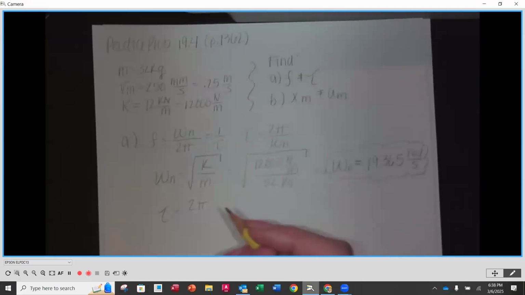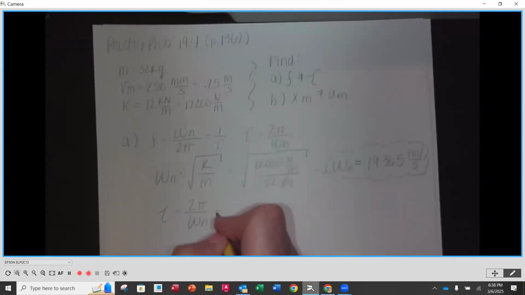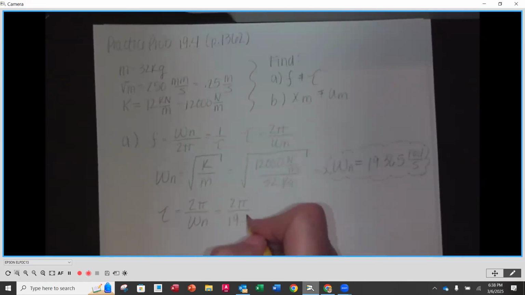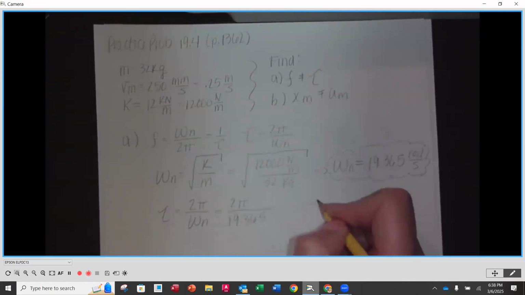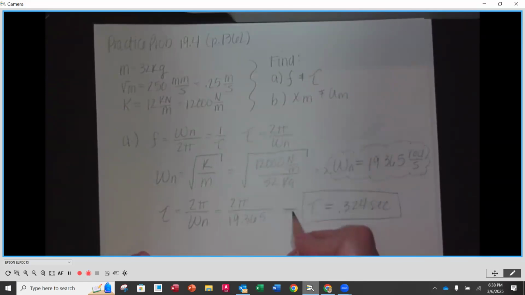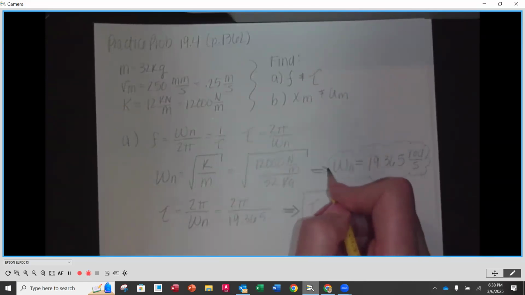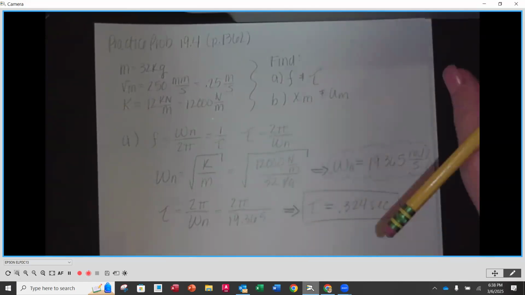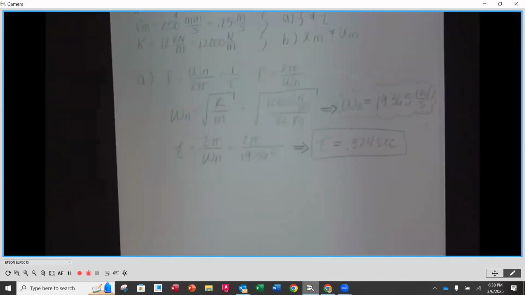We could do the same thing in the opposite direction; it doesn't really matter. So 2 pi divided by 19.365. Our period should be about 0.324 seconds.